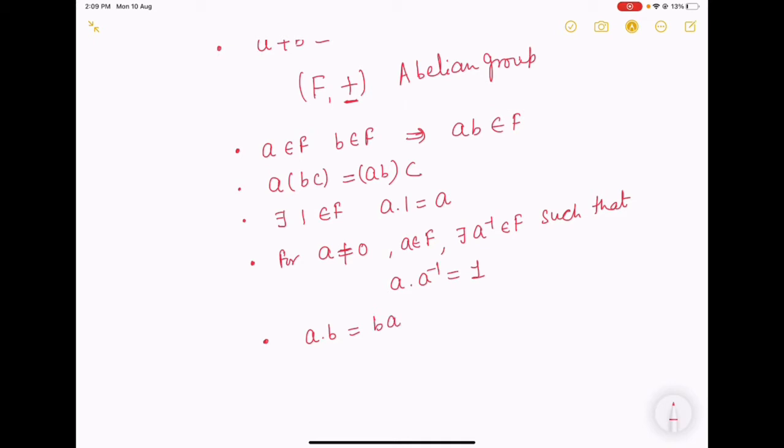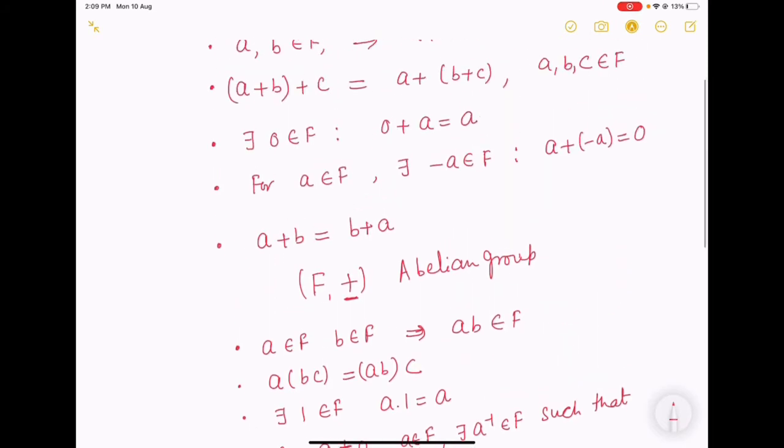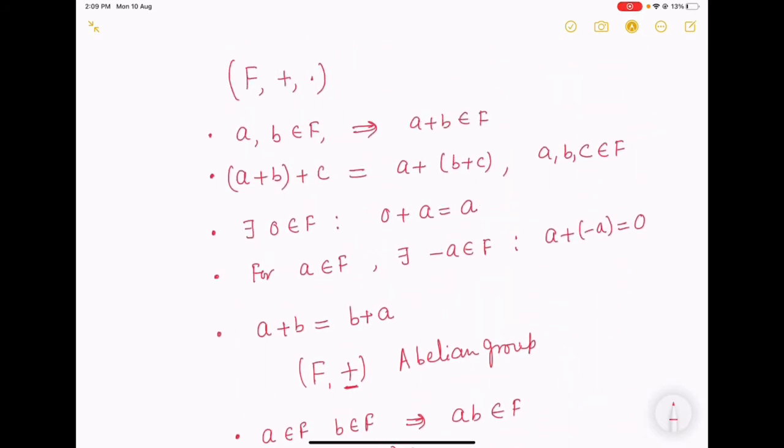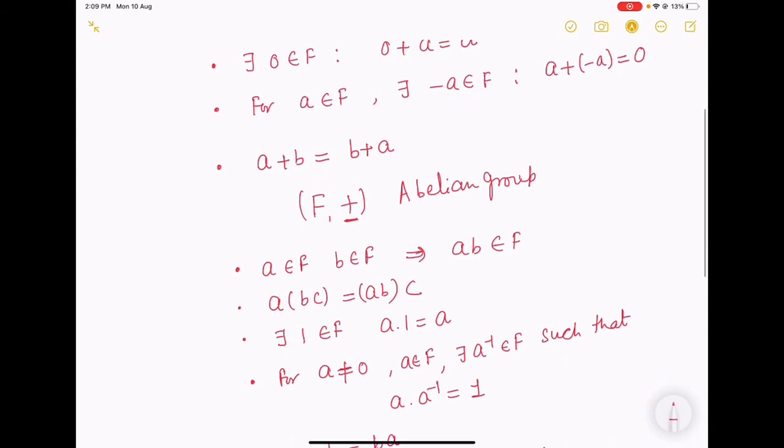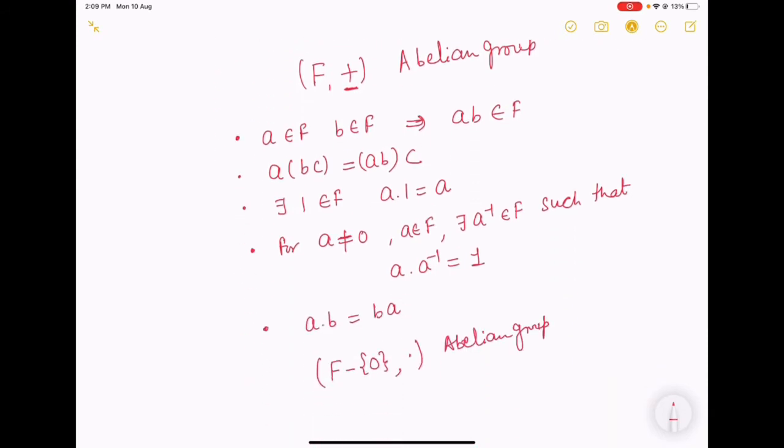With these 5 properties, F after exclusion of the 0 element forms an abelian group. So with these properties, 5 properties with respect to addition and these 5 properties with respect to multiplication.